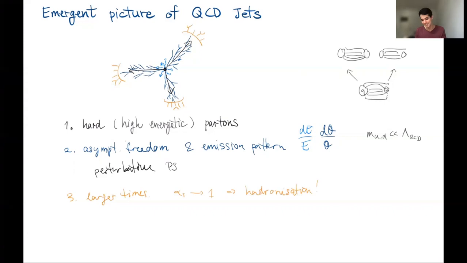Similarly, the distortion in the direction that this kind of process induces is also small compared to lambda QCD, which anyway is the kind of error estimate we had on this whole modeling procedure. And this is the reason why also after hadronization, we expect their directions to be well aligned within lambda QCD or lower with the initial hard radiation.